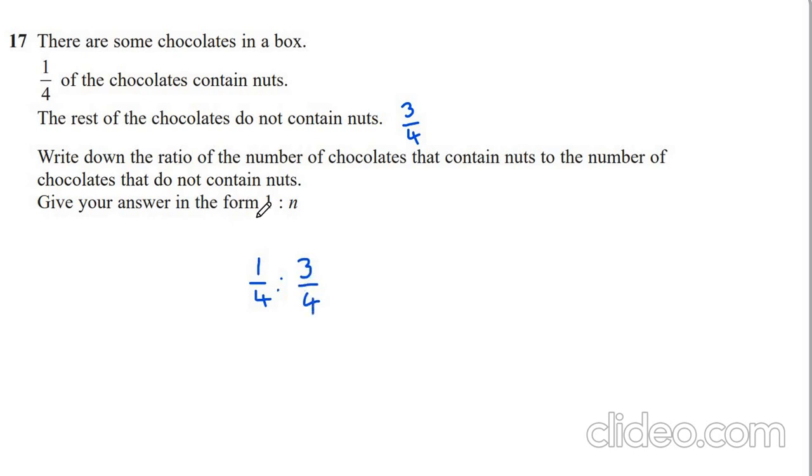And we need to give the answer in the form 1 to n. Now we need to multiply by 4 on both sides. 1 to 3.